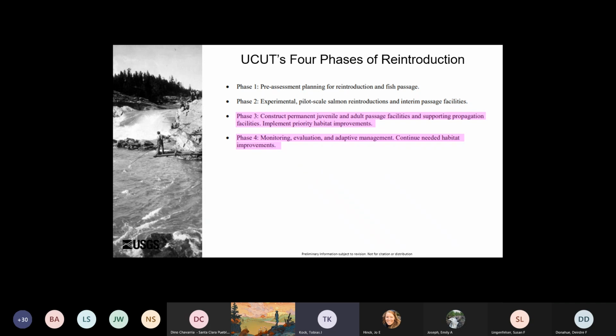And so really just looking ahead at phase three, they're going to be looking to construct permanent fish passage facilities and developing propagation or hatchery facilities that can be used to produce juveniles that could be released every year and really support long-term salmon populations in the Upper Basin.